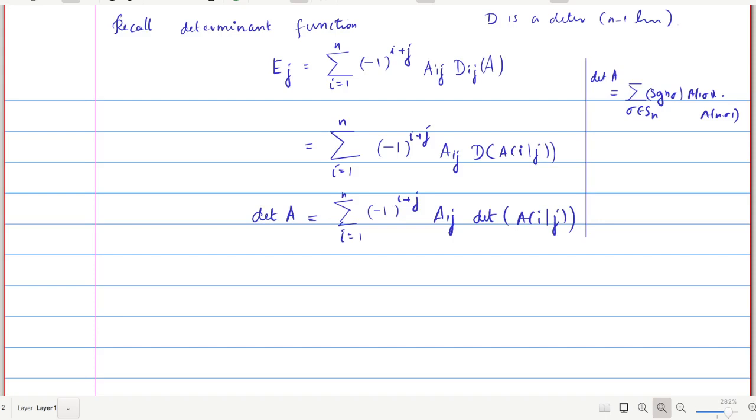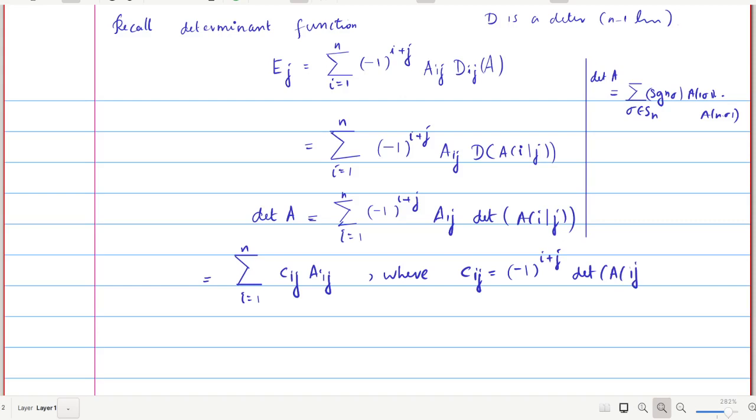We are going to study this formula. We write this as the summation over i from 1 to n of Cij aij, where Cij is defined to be (-1) to the power i plus j times the determinant of Aij.